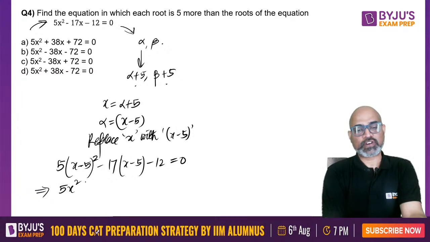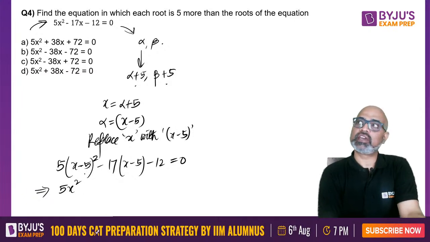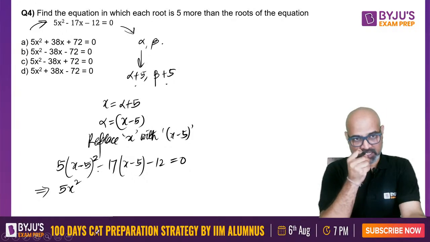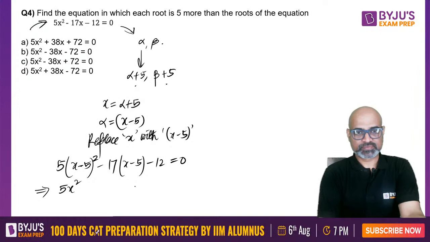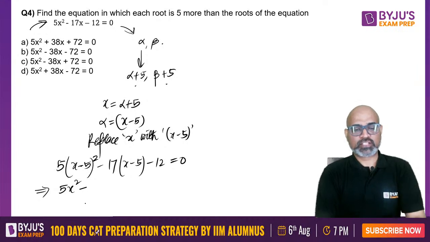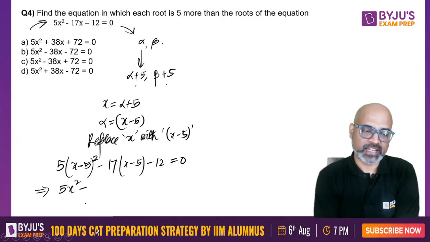So this will give you 5x square, and this is going to be minus 10x into 5, minus 50x. Is it going to be minus 50x? x square minus 10x.